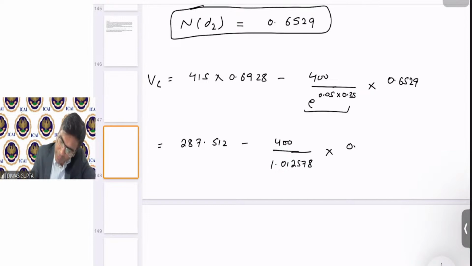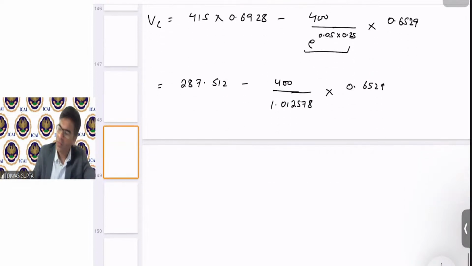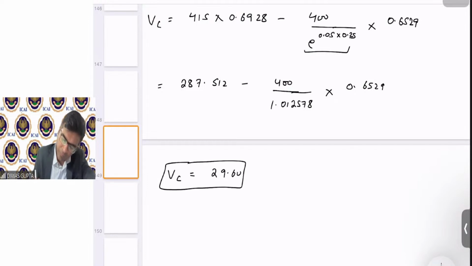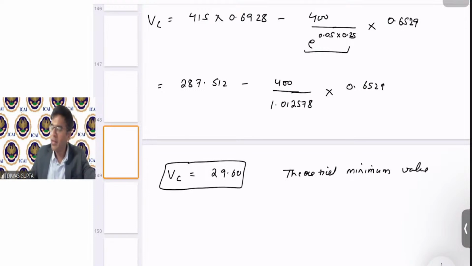And 0.6529 remains as it is. So hence the value of call option becomes 29.60. So the theoretical minimum value is 29.60 students.